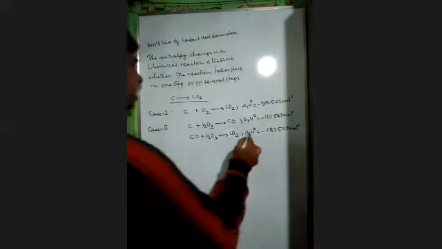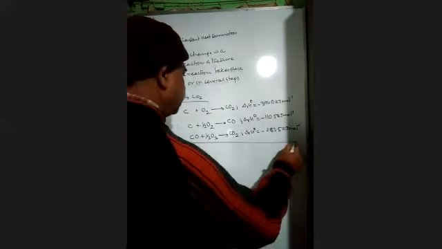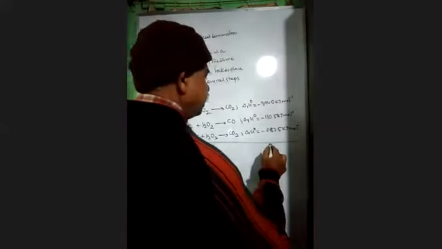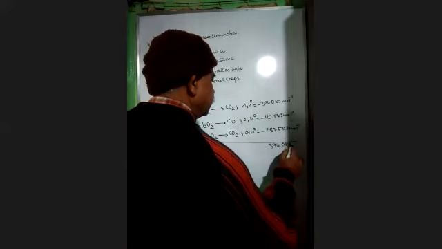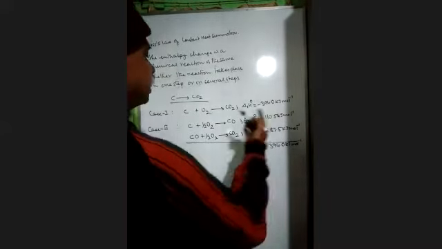So now if I add it, you'll find it is 394.5. So if you do it in one step, or if you do it in multiple steps, it is the same.